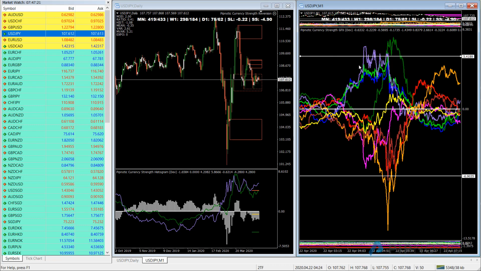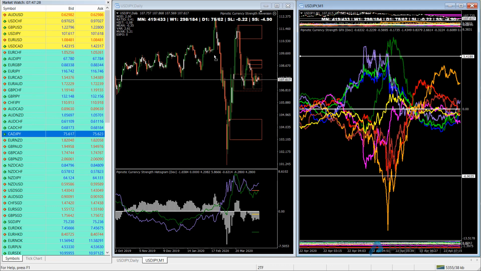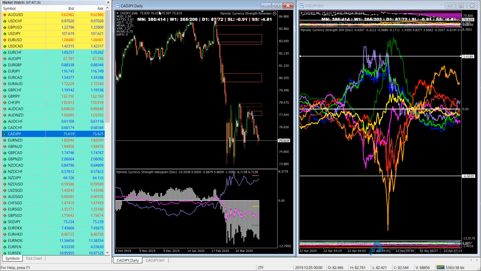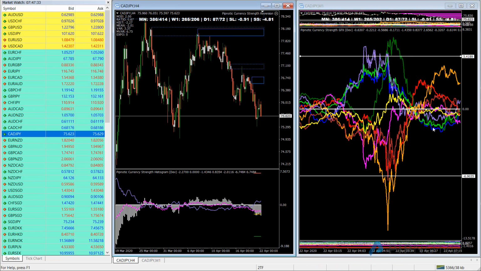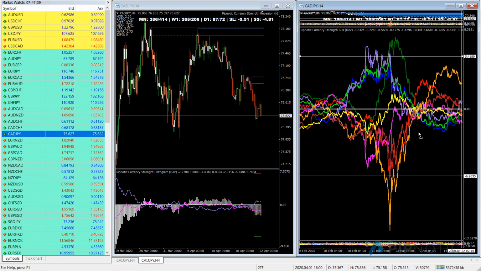Strong yen. So let's have a look at the Canadian dollar, Japanese yen. Let's find that pair here. We're looking at 4-hour data. So we had, when did this happen? Actually, we have to put this on the 4-hour chart as well.